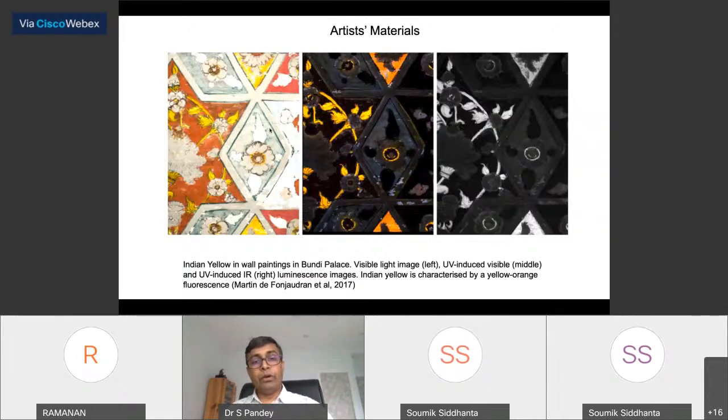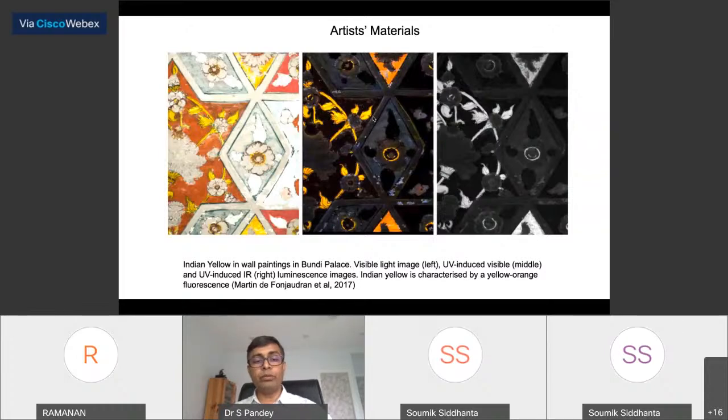Not only in India, these pigments were exported across the globe, and a lot of Western works of art you will find with uses of Indian yellow. Now, this is luminescence again, a luminescence of UV radiation, and the luminescence is in the visible range.